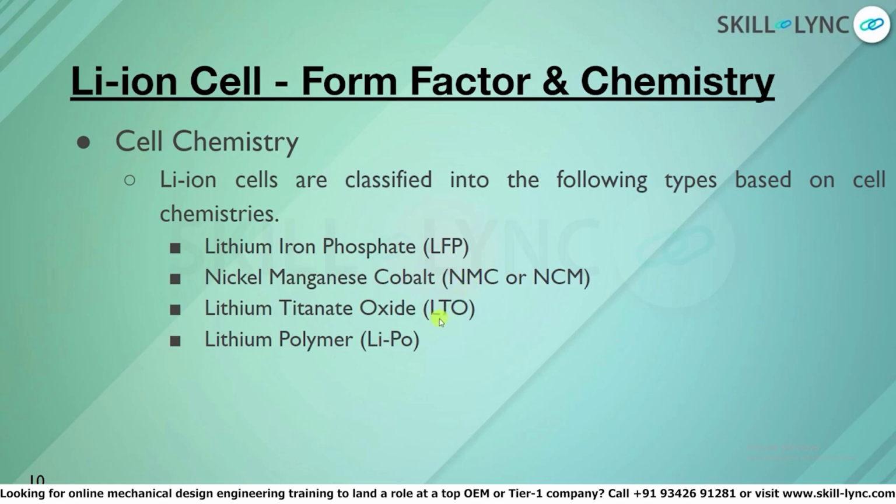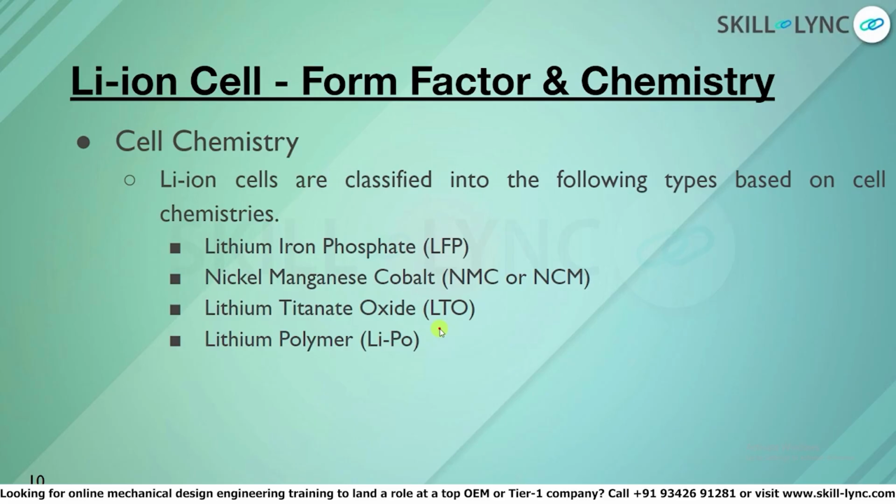Similarly, lithium titanate oxide has higher life cycles and higher C rates, but it is way heavier than an LFP or NMC. So it's all based on cathode materials and their respective phenomena, which are unique for their own, and the selection has to be made based on that.